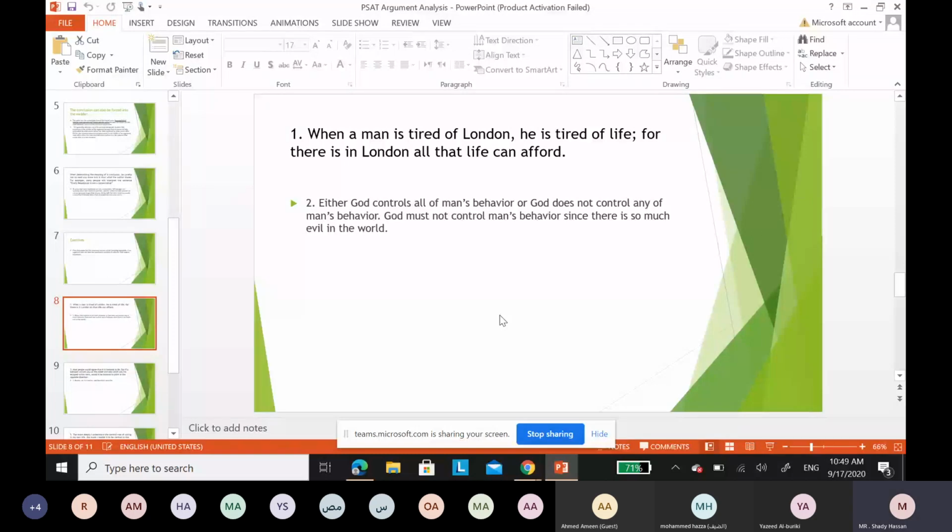Is it either God controls all of the man's behavior, or the second sentence, God does not control any of man's behavior, or the third one, God must not control man's behavior since there's so much evil in the world? Where is the conclusion here?